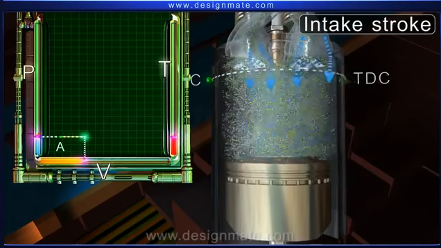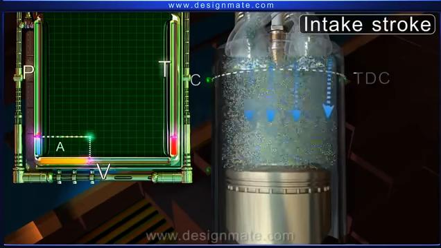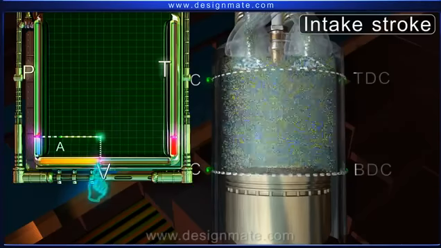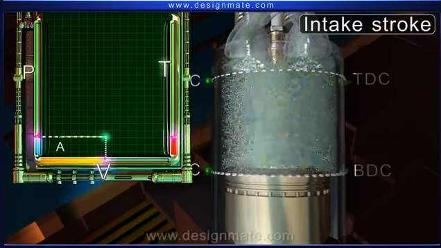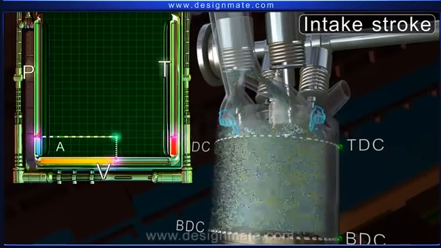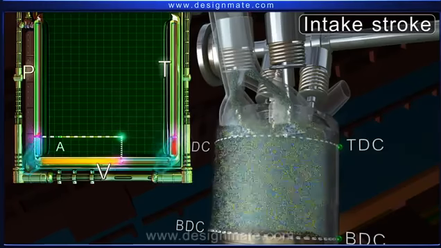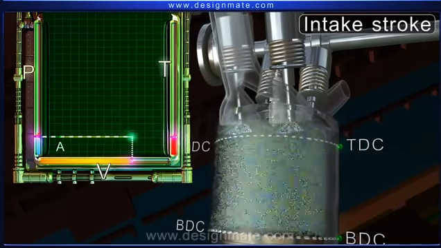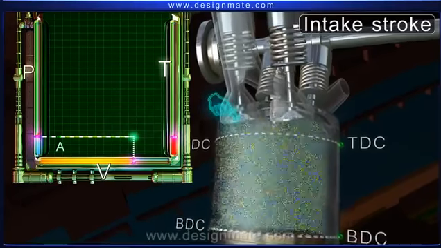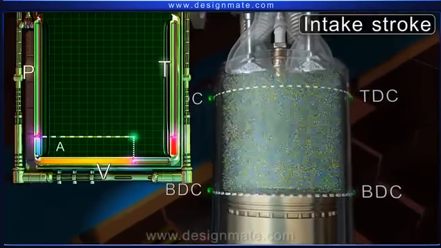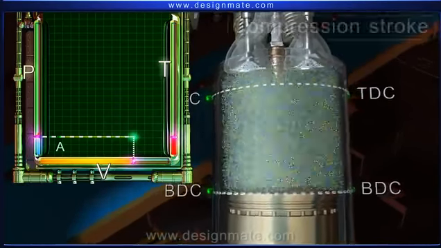The piston descends from TDC towards the bottom dead center, or BDC, of the cylinder, and the volume of charge increases. As the intake valves are open, the pressure and temperature of charge inside the chamber remain constant. When the piston reaches BDC, intake valves close. The cylinder is full of fuel-air mixture at atmospheric pressure.